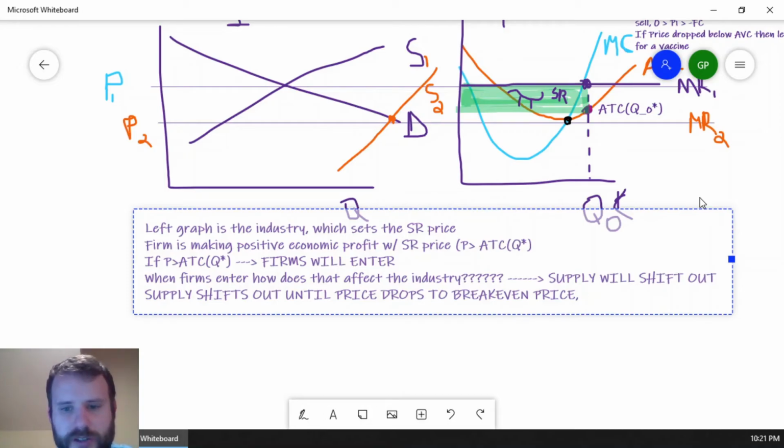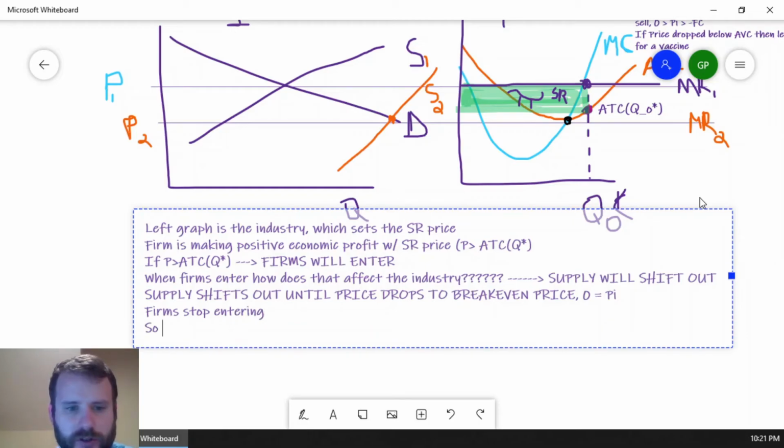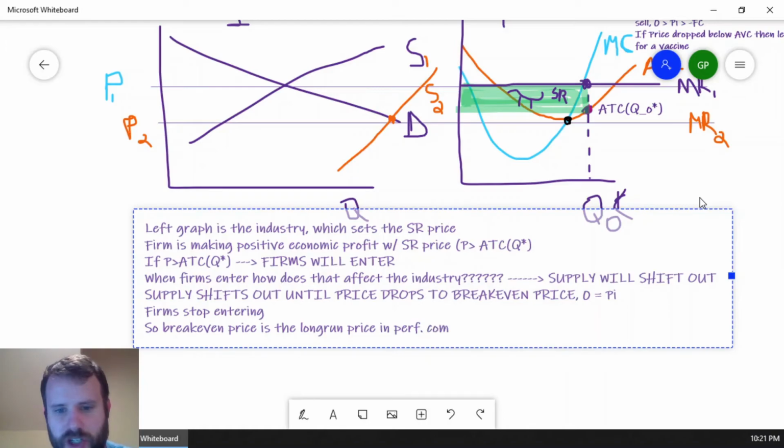And then at which point 0 equals your pi, your economic profit. So once that happens, firms stop entering. So nothing changes after that point. So break-even price is the long-run price in perfect competition.